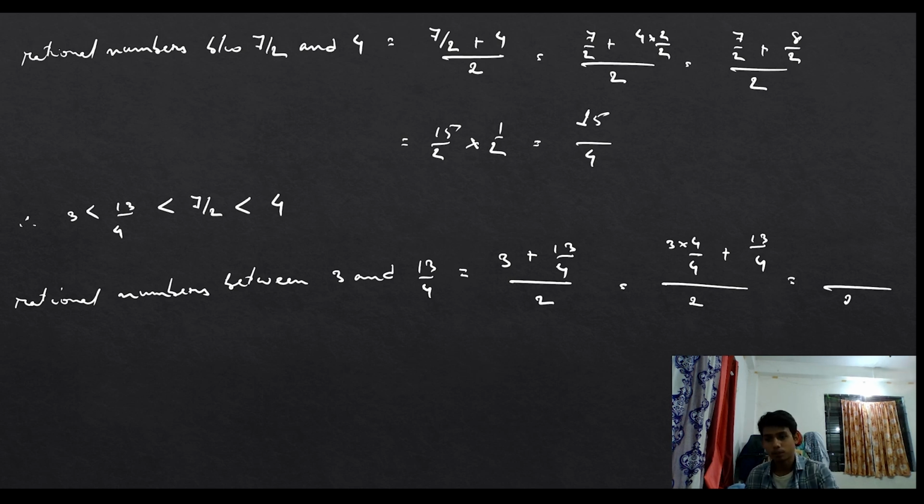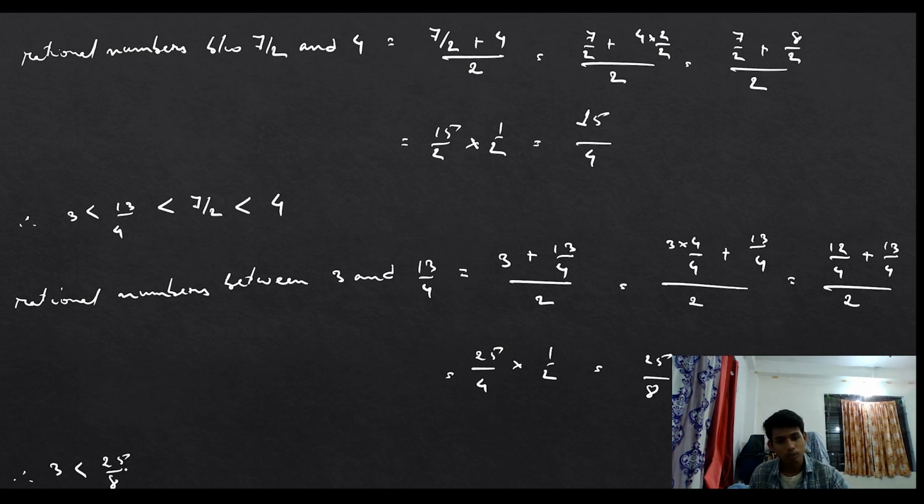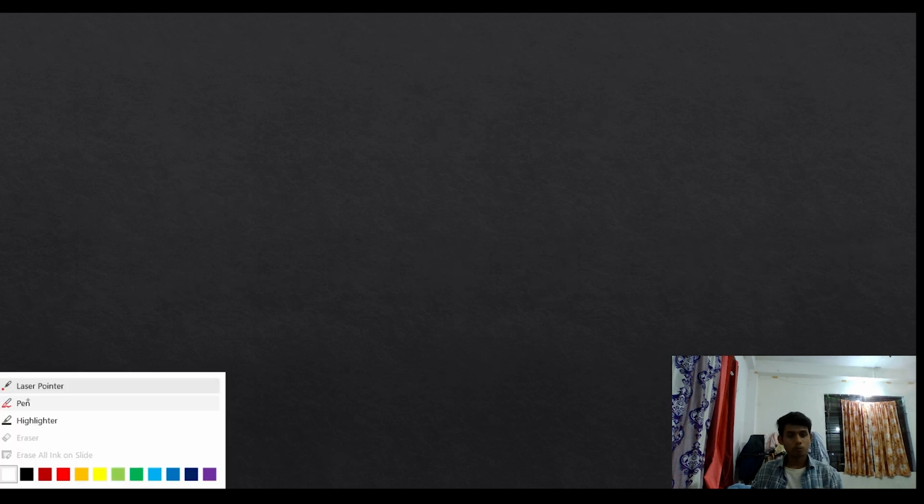That will be equal to 4 3s are 12 by 4 plus 13 by 4. 12 plus 13 gives 25 by 4 into 1 by 2 is equal to 25 by 8. Therefore 3 is less than 25 by 8, is less than 13 by 4, is less than 7 by 2, is less than 4. Till now we have found 3 rational numbers between 3 and 4, and we are left with 2 more.